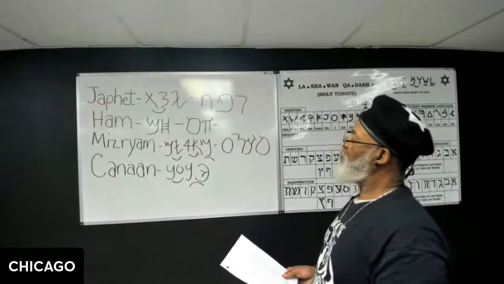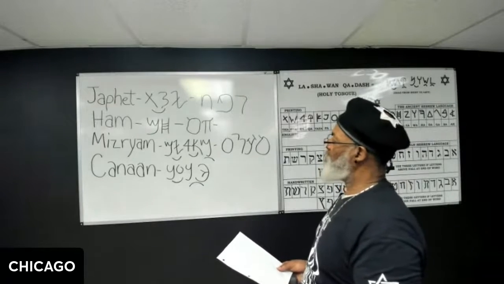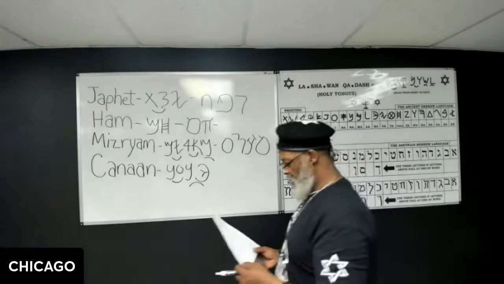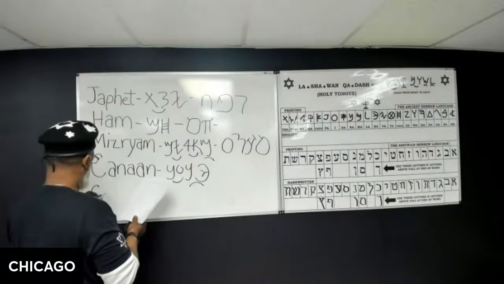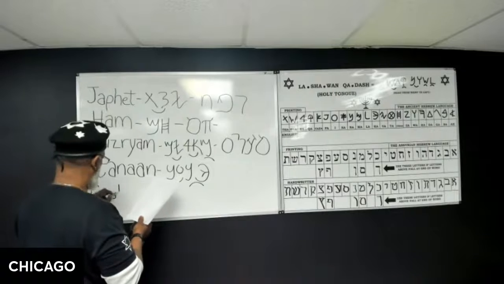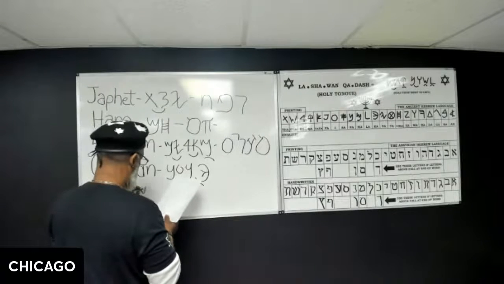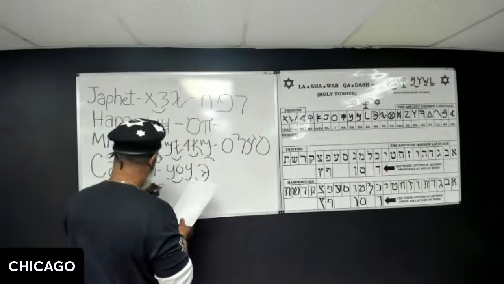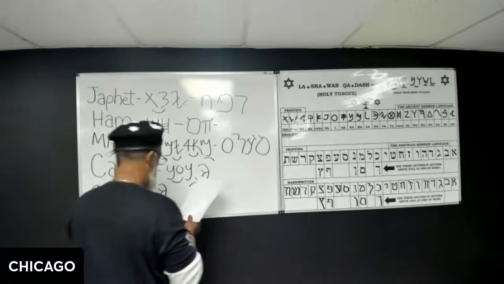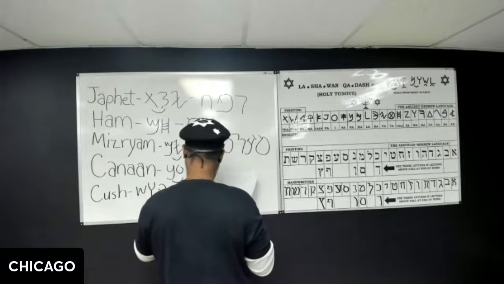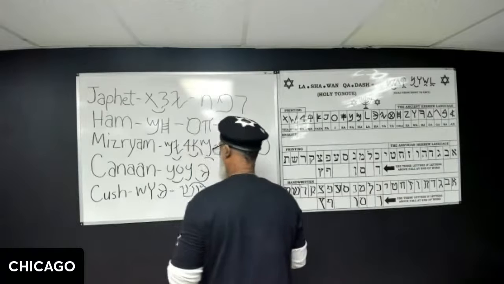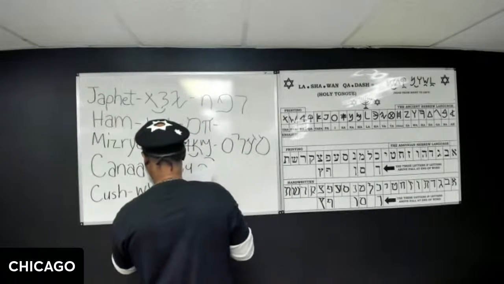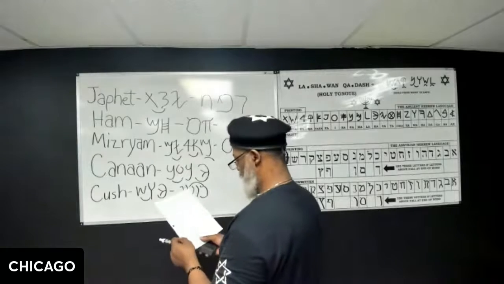Got Japheth, Ham, Mizraim, Canaan, and Cush. Then we have Phut.